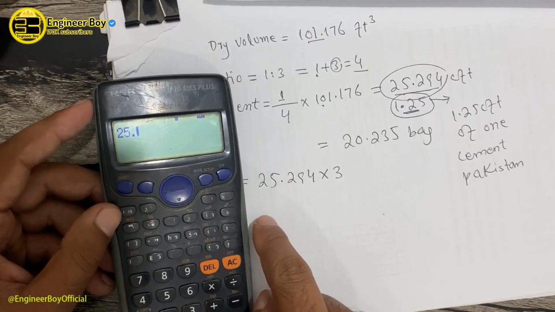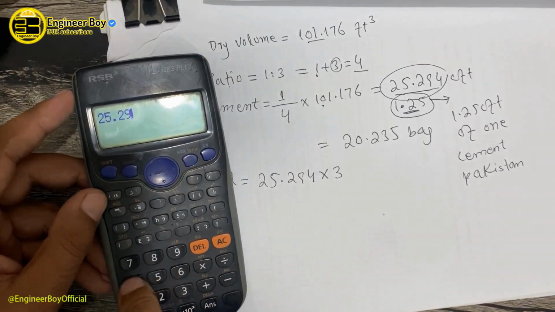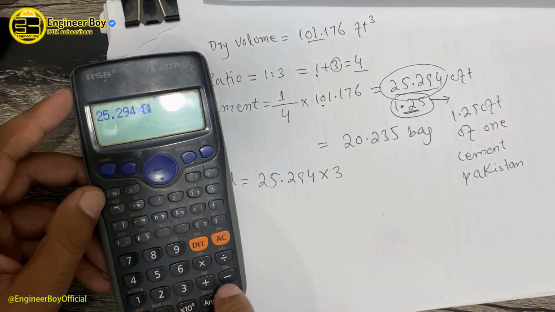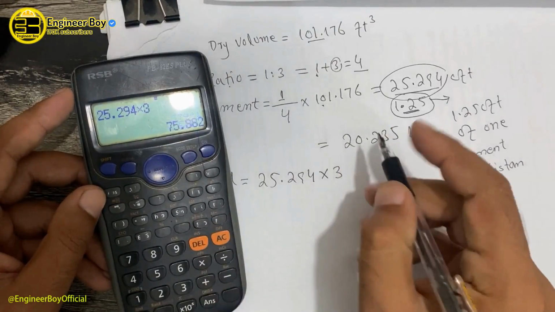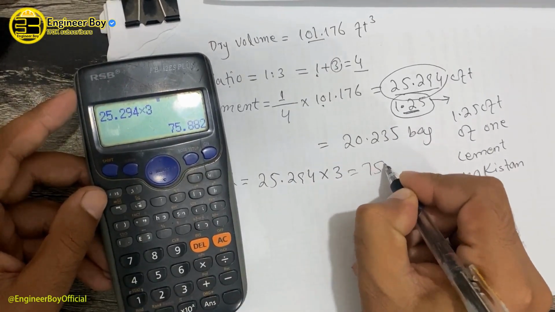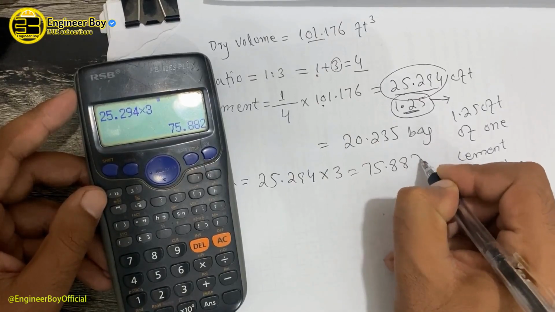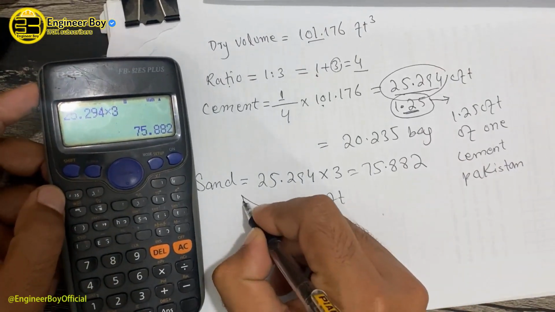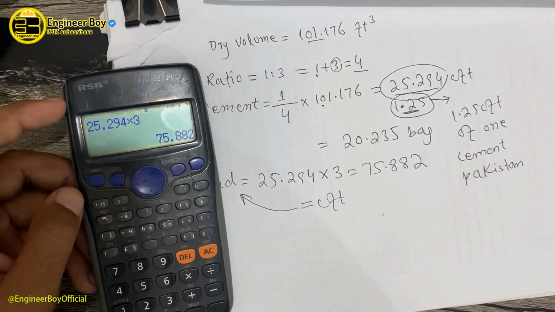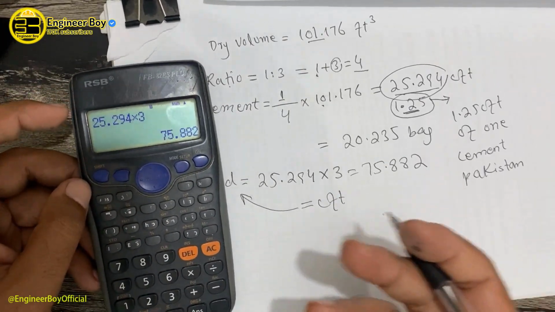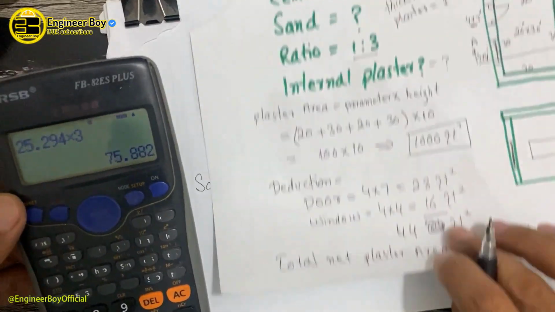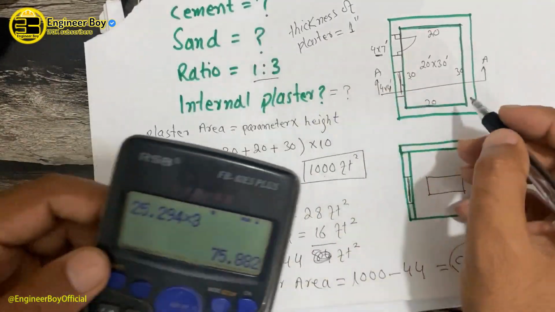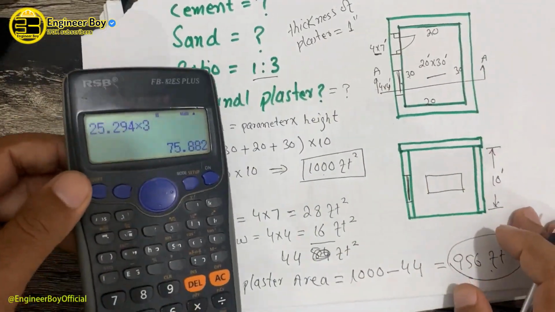So 25.294 times 3 is actually 75.882 CFT. That's just the sand. So simple. This is how you can determine the quantity of cement and sand for a room. Okay, this is just for the internal.